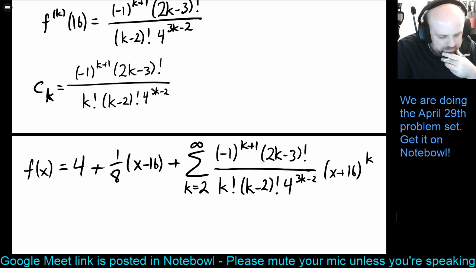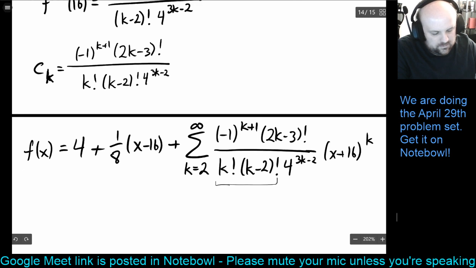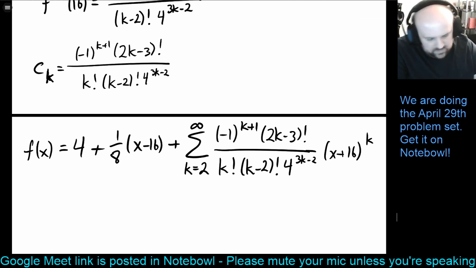I wonder if there's a better way to write this. This stuff right here almost looks like the bottom of a binomial coefficient. K choose 2 or something. Oh, plus 16.